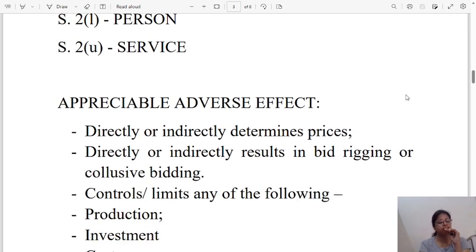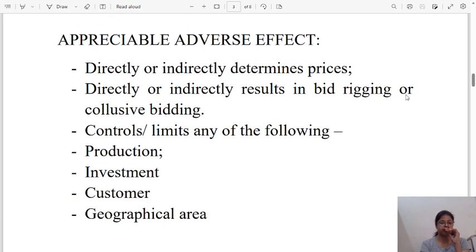Now there is this phrase that is used in this section, appreciable adverse effect. What could be certain agreements that could cause appreciable adverse effect? There could be any agreement that directly or indirectly determines the price of a particular product. It could be any agreement that directly or indirectly results in bid rigging or collusive bidding.